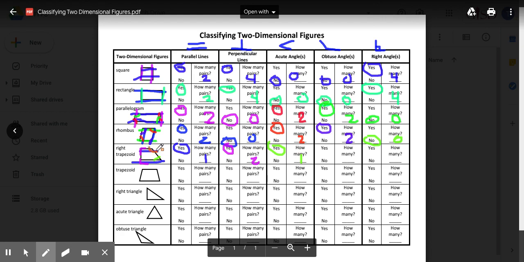You have an obtuse angle here in the top corner, so the answer is yes, and I have 1. And then your last question for this one says, how many right angles do I have? You have a right angle in this corner and a right angle in this corner, so I have 2. So my answer is yes, and I have 2 of them.